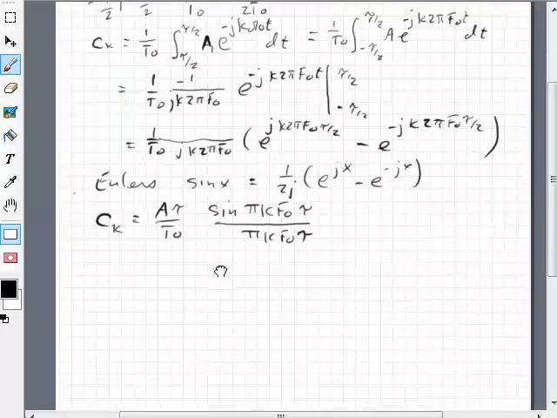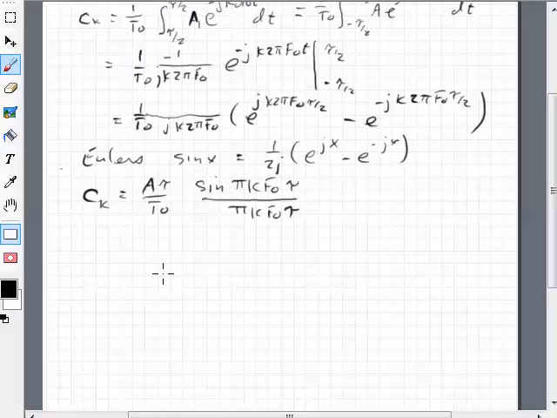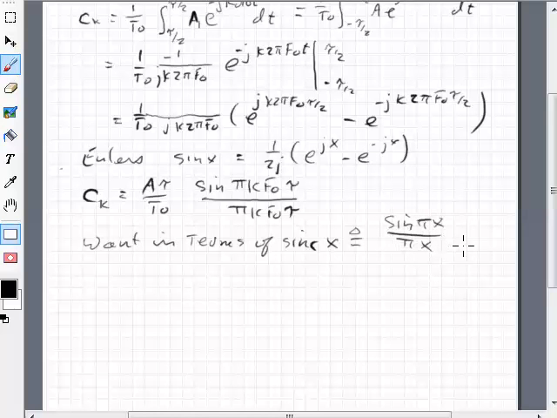Now, why would I do that? You probably remember the reason for doing that is that we have a sinc function. We want to get this in terms of a sinc function, sinc x, which is defined as sine pi x over pi x.